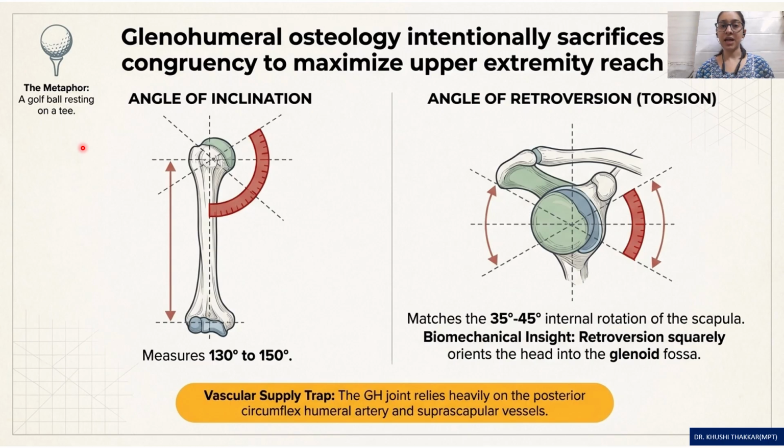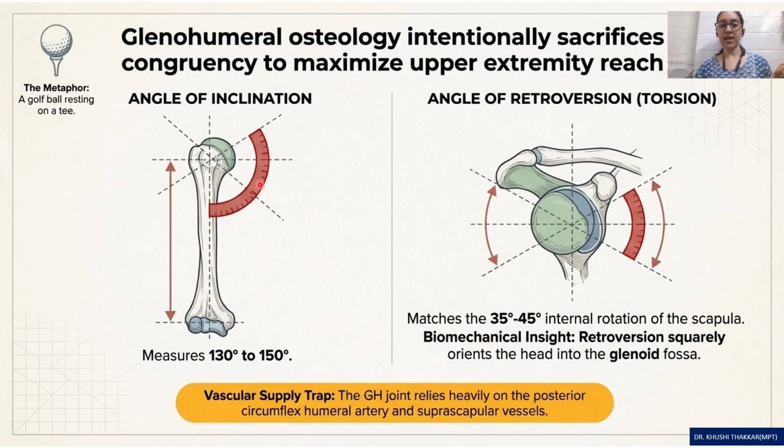We shall discuss that. Before that, let's understand the placement of the humerus and the head of the humerus. There are two important angles you need to remember: the angle of inclination and the angle of retroversion. The angle of inclination is formed by an axis we can draw from the head and neck of the humerus and a longitudinal axis through the humerus.